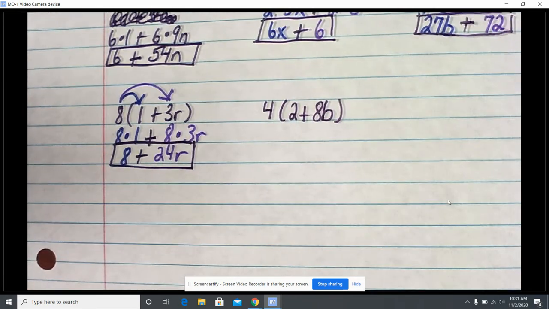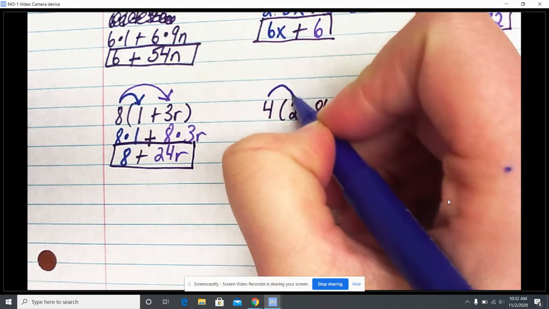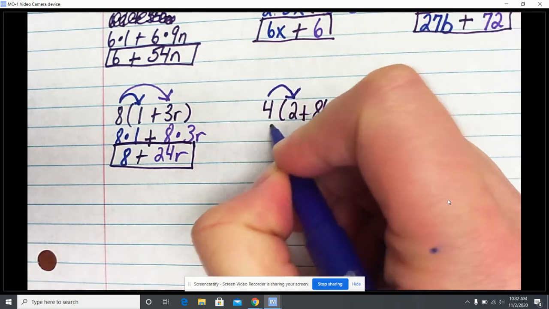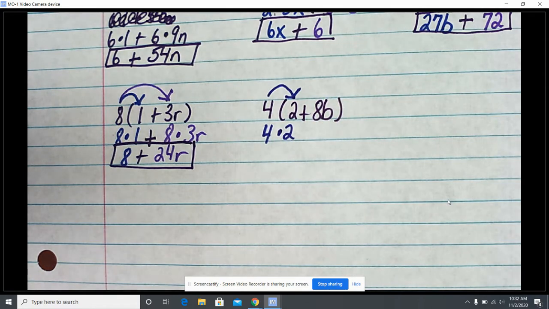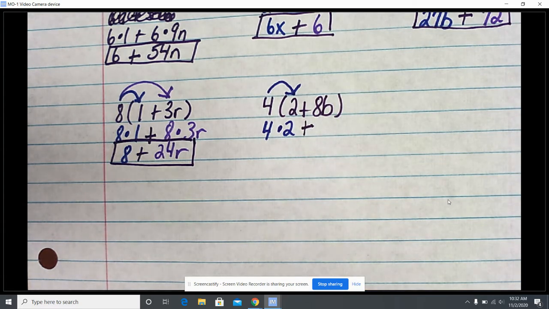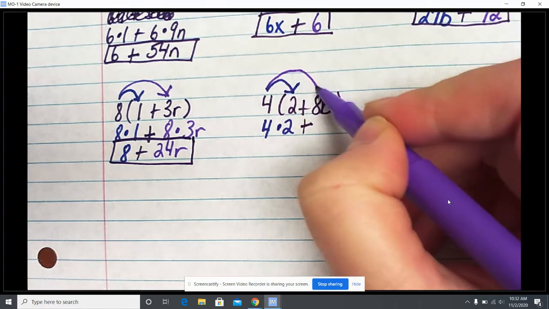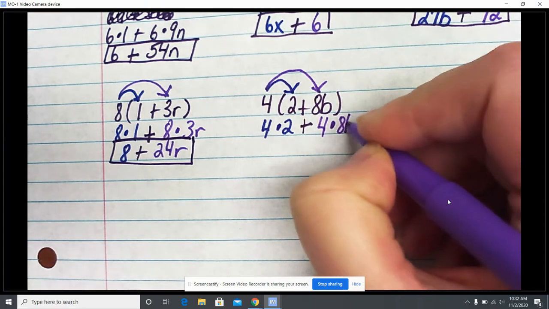All right. So my 4 is what I'm distributing out with my terms on the inside of my parentheses. So first my 4 is going to get distributed out with my 2, which means I'm taking 4 times 2 plus, and then I'm distributing my 4 out with my 8b, which means I'm taking 4 times 8b.